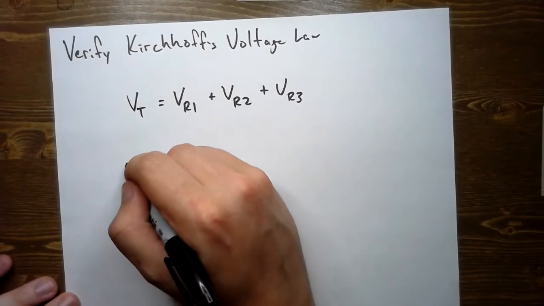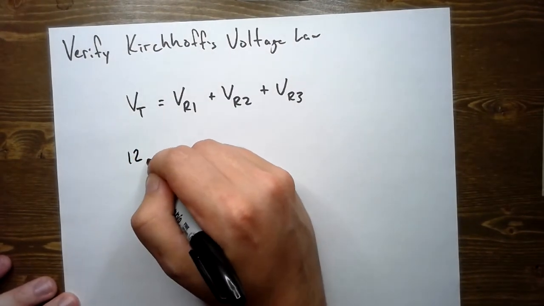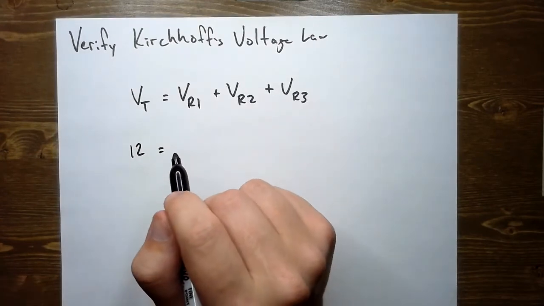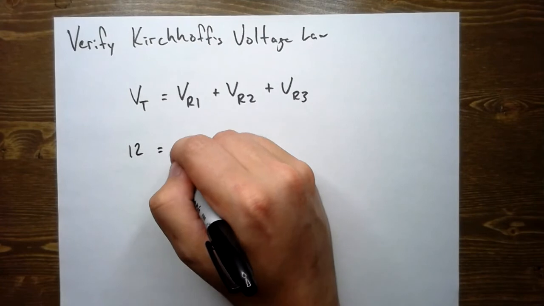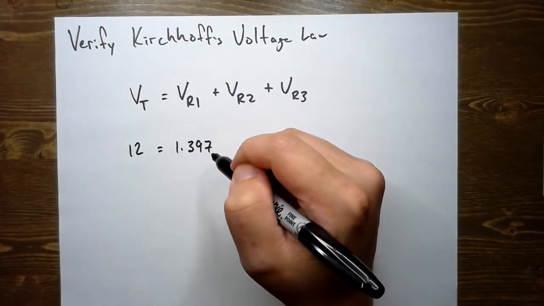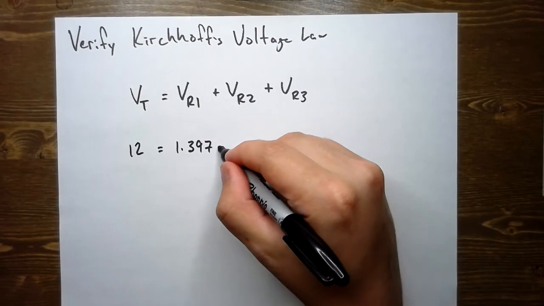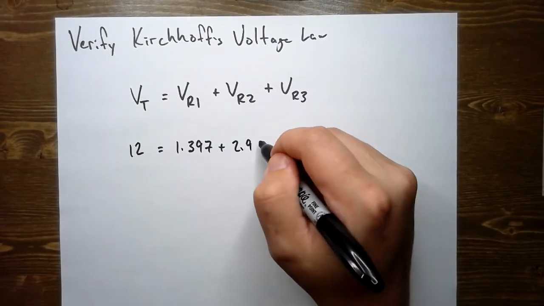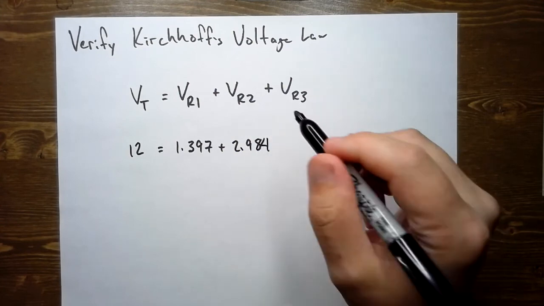So we know our V total is equal to 12 volts. Our VR1 was 1.397. Our VR2 was 2.984.